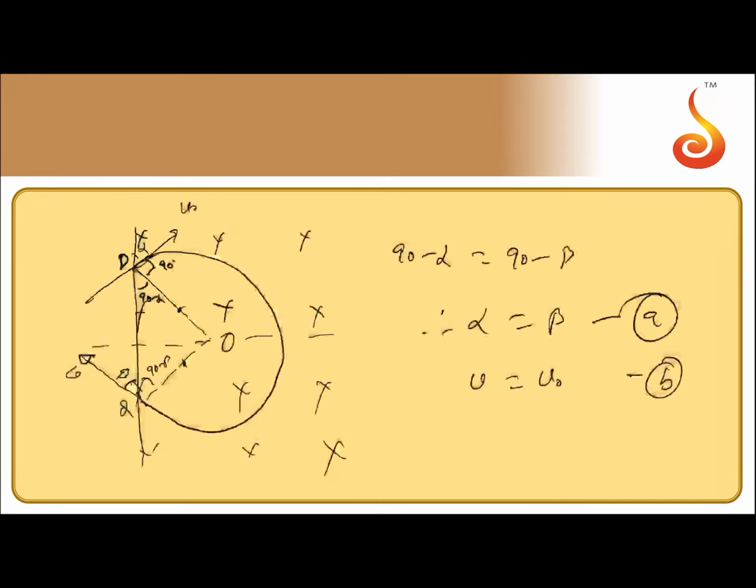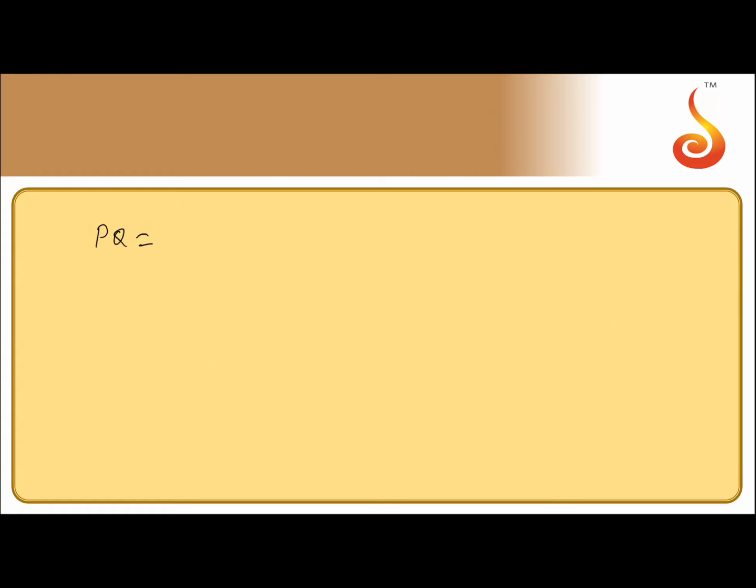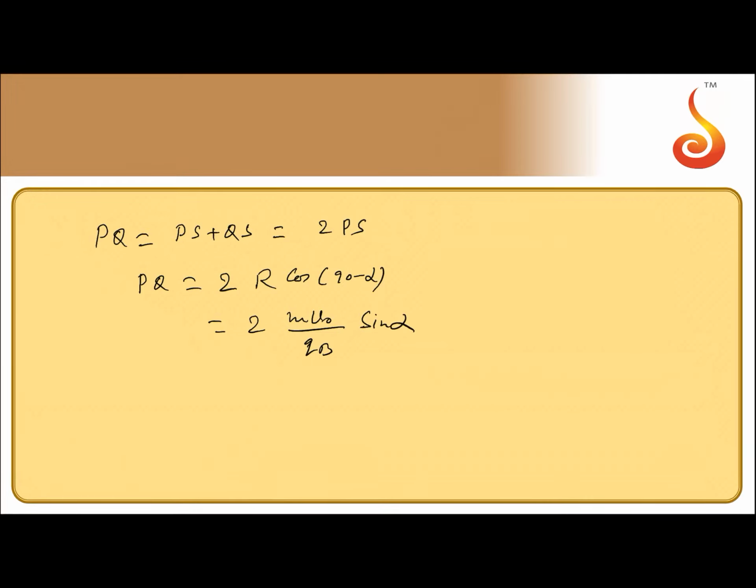Suppose that this point is S, so PQ will be equal to PS plus QS, and this can be written as this. PS will be equal to R cos of 90 minus alpha. So PQ is equal to 2mv naught by qB into sin alpha. This is option C.